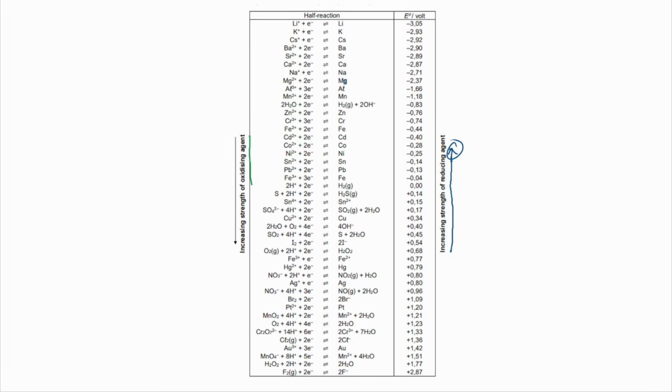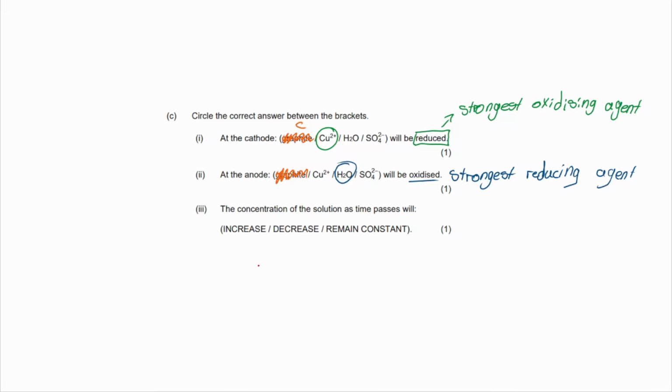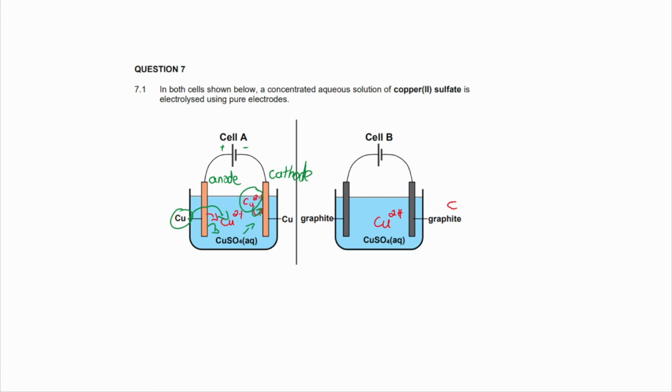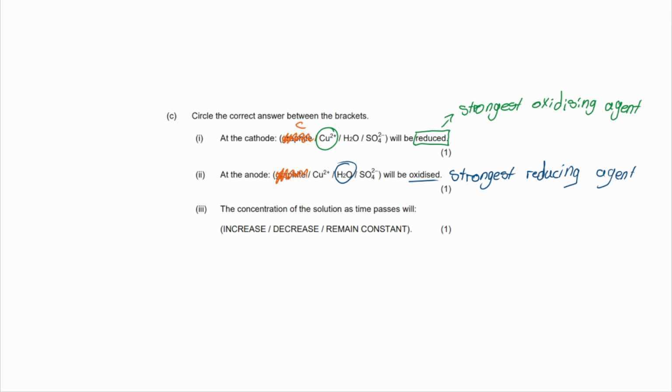Now they ask whether the concentration of the solution as time passes will increase, decrease, or remain constant. So let's go up to the solution. If we recap, we know that Cu2+ is reduced, so Cu2+ ions gain electrons.